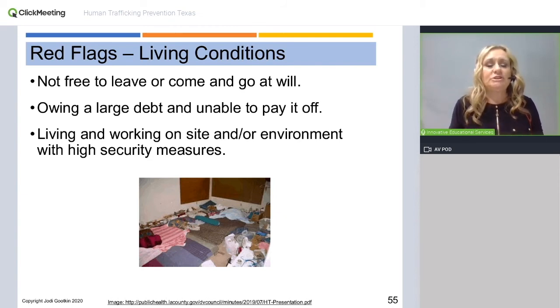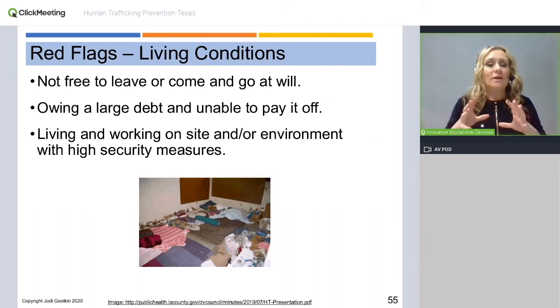This image is from an actual case in California where it was an old apartment complex where there were sewing rooms put in, and then in the basement were the living quarters for the workers. They needed to pay for all of their personal hygiene items in order to live, to get their food out of this very small salary that they were given, and they were never permitted to leave.